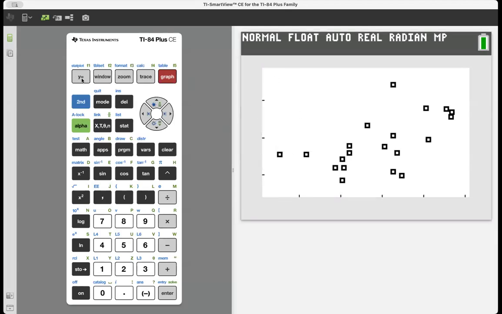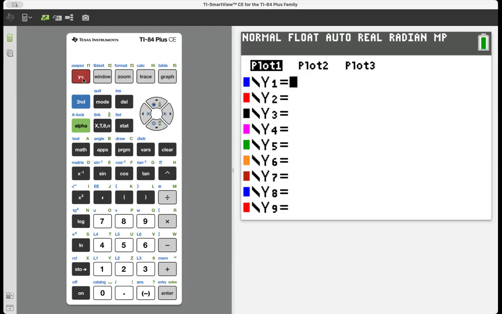Now I'm going to press y equals in the top left. So I'm not going to do second stat plot. I'm going into y equals now. This is where we go to enter equations. There are several spots for equations that you can enter here. I'm going to enter it in y1.